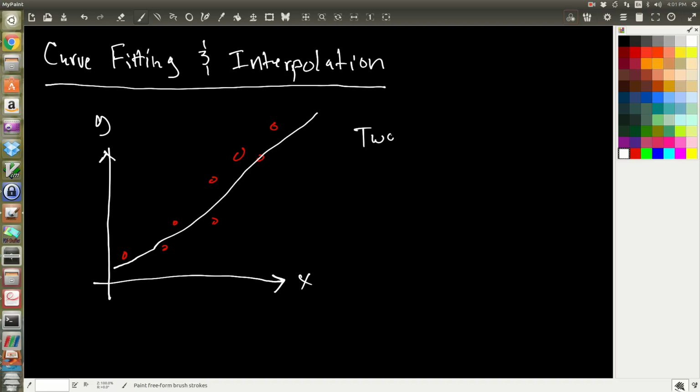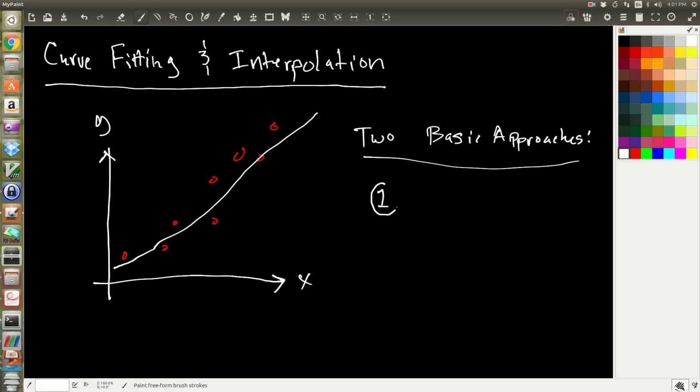So two basic approaches. Let me write this down. Two basic approaches. So there's the first one, which is the one I just described here. That's, man, I cannot write numbers today.